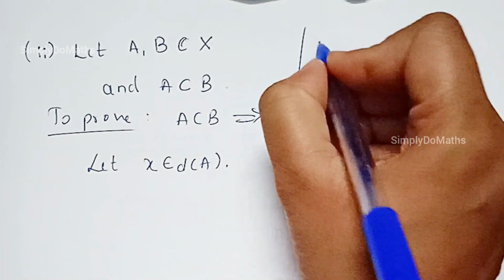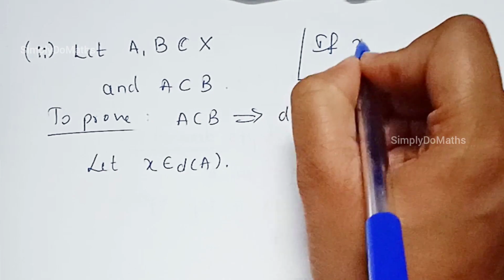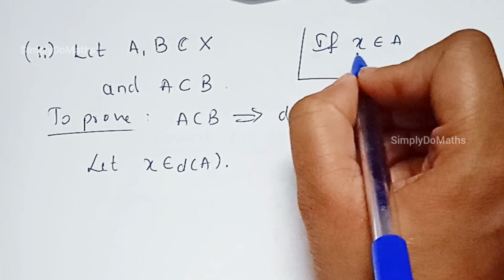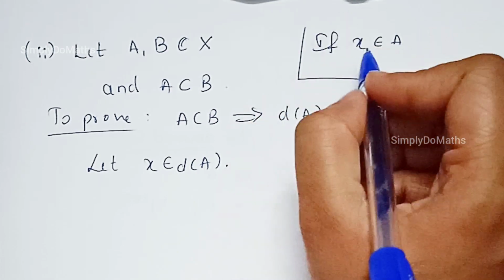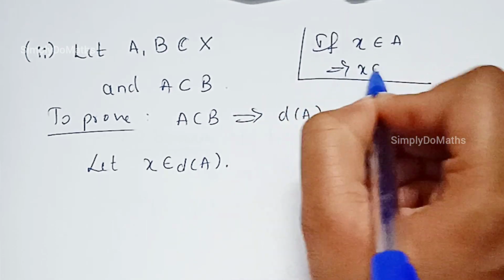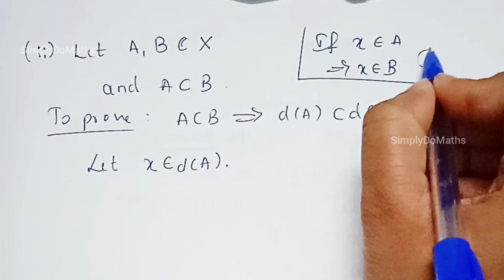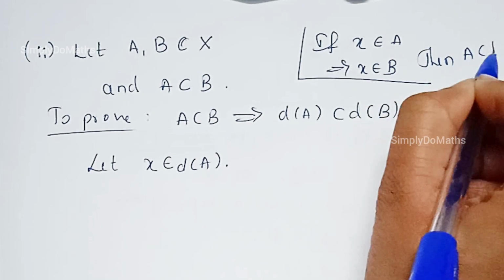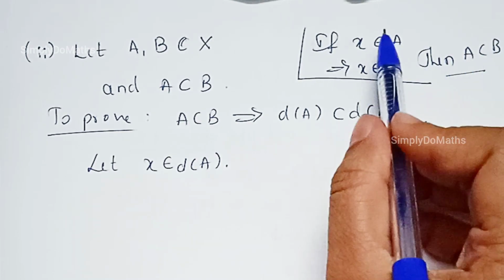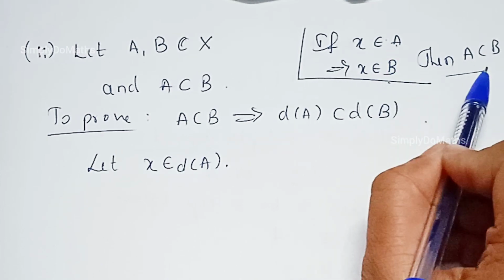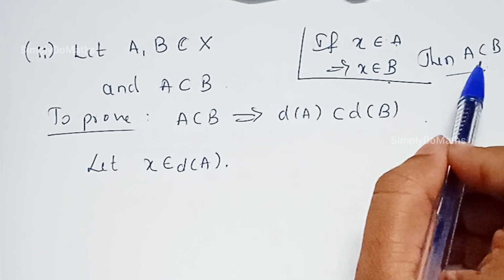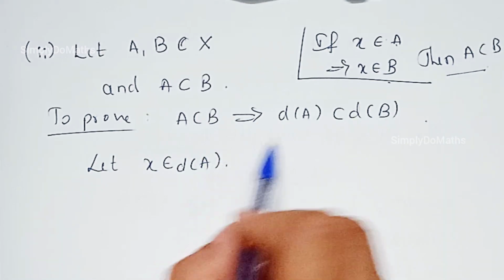If any element x belongs to A, and by our solving we get x belongs to B also, then A will be a subset of B, which is always true. If x belongs to A implies x belongs to B, then A is a subset of B. We are going through this condition itself here.